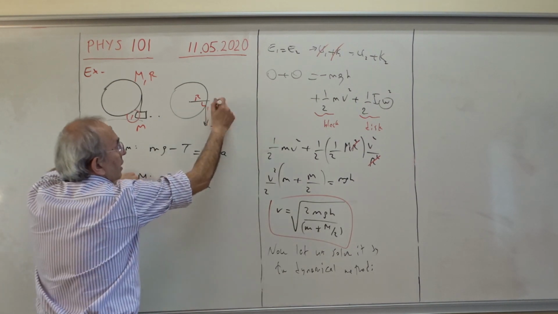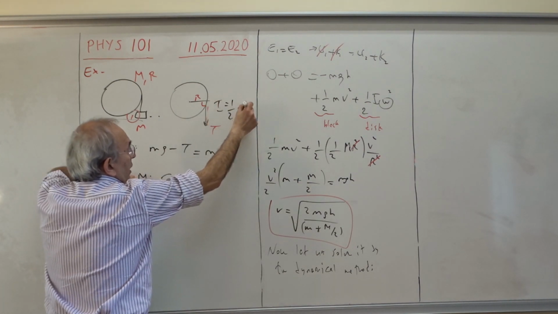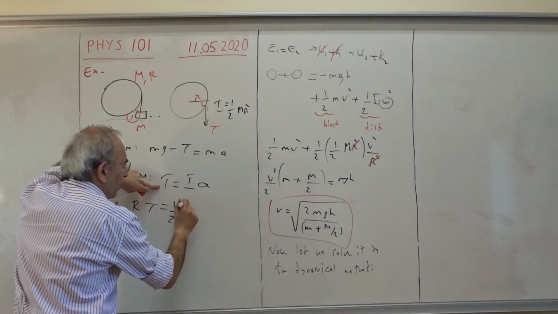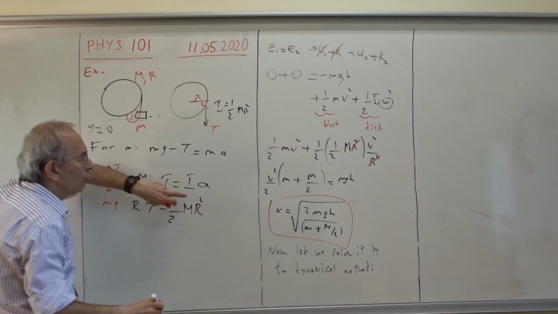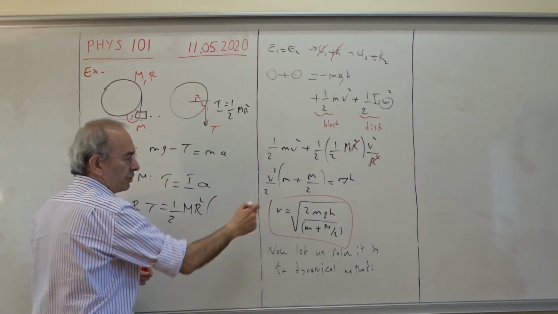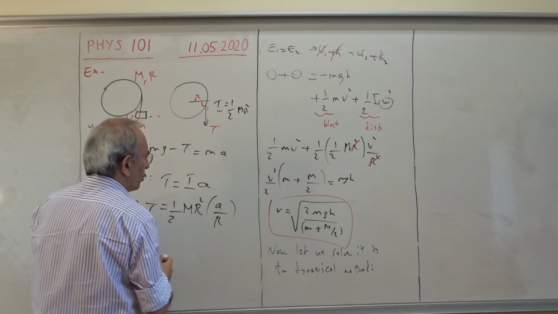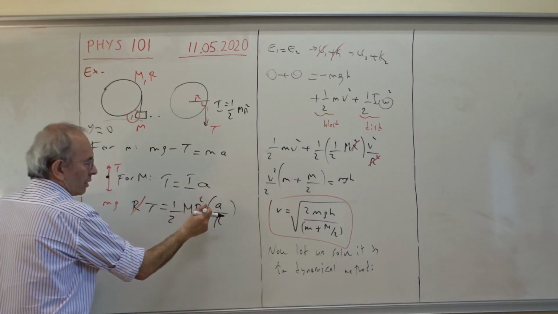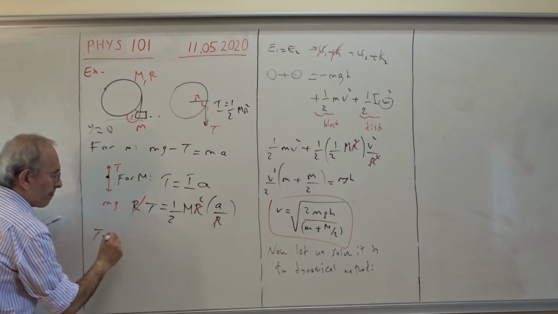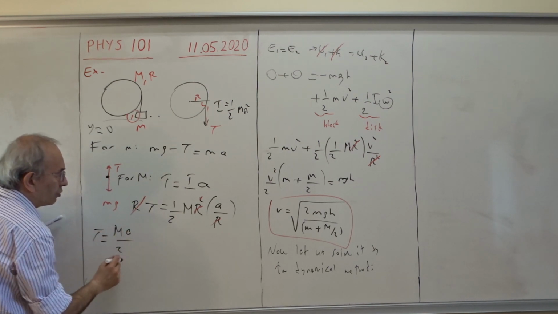I, since this is a disk, is 1/2 capital M R squared, given by the problem. And don't forget to write alpha as a over R, as we did in the previous case. So these are cancelled and we find T as capital M a over 2.